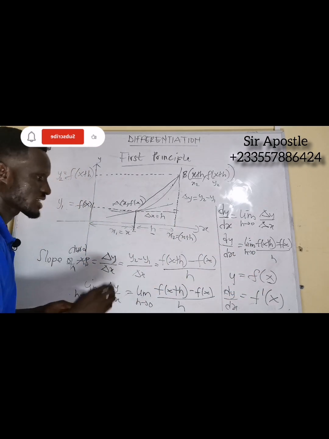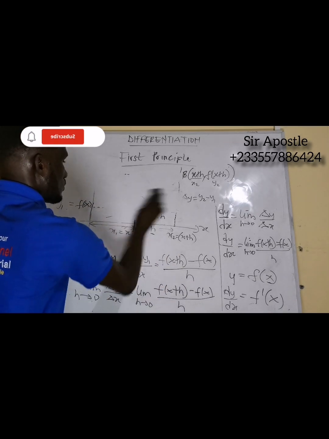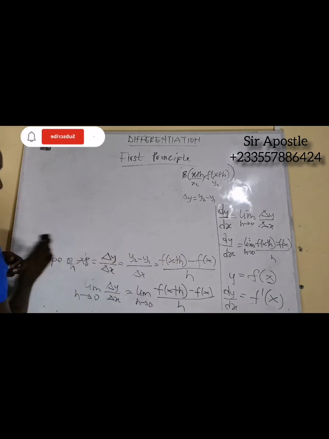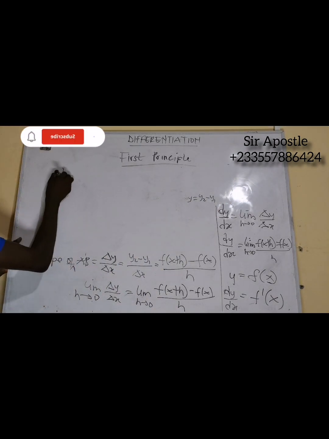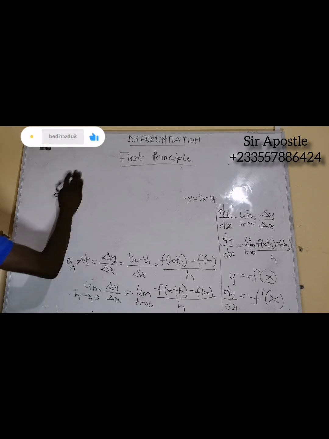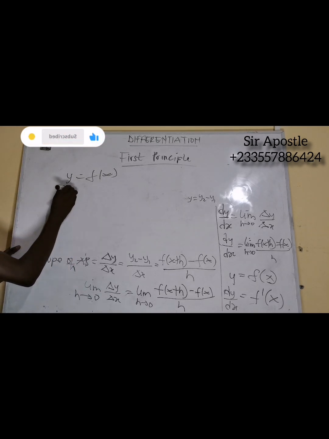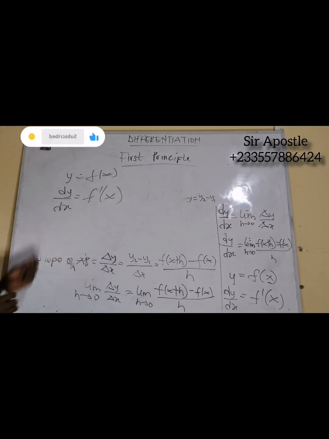So right now, what you have to keep in your head is that for the first principle, the slope of this particular curve, the slope of dy dx, if we have y equal to f of x, then differentiating y with respect to x is the same as f prime of x. We are going to use both.